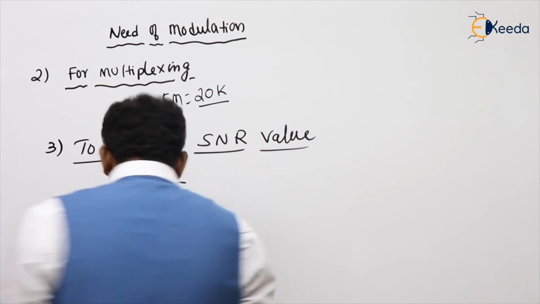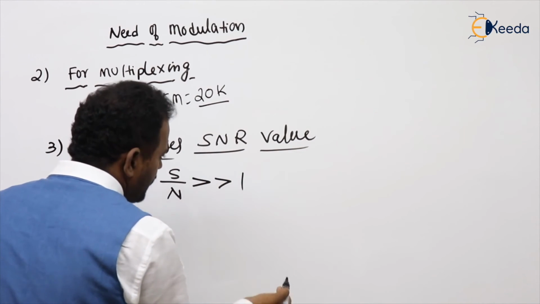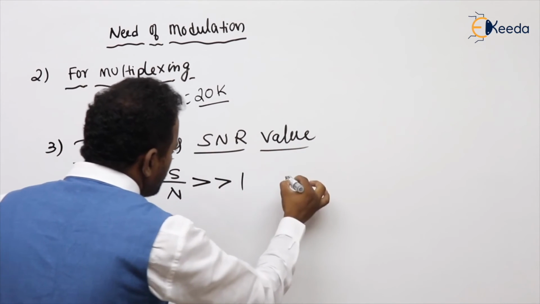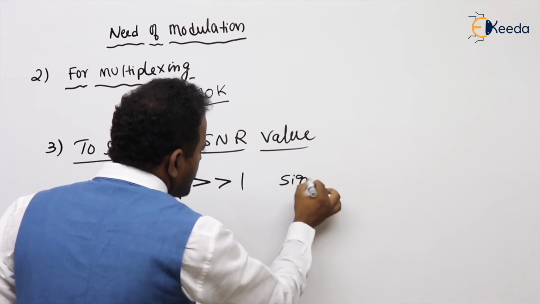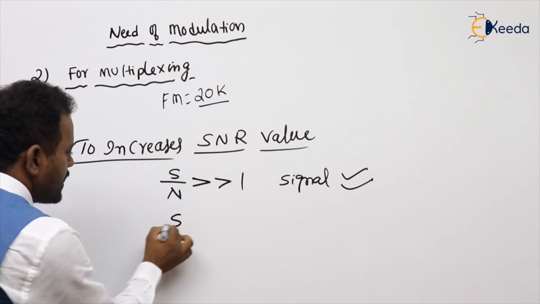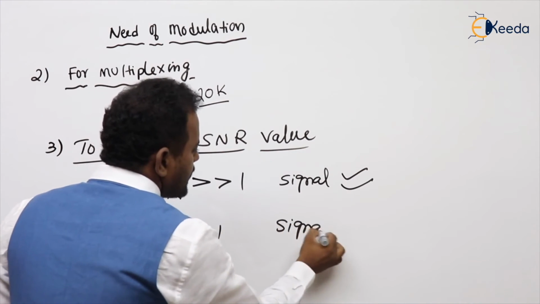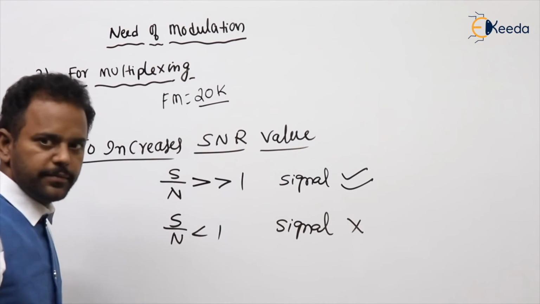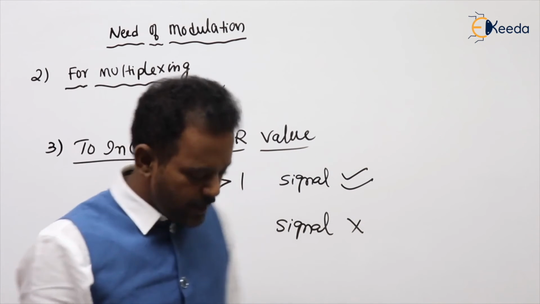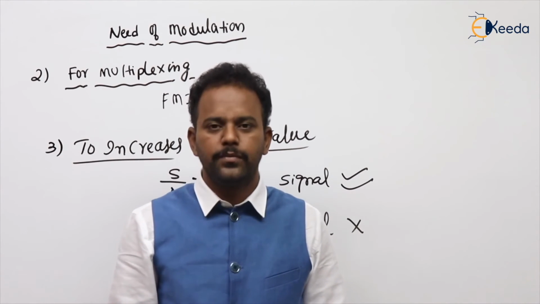If you keep the signal strength more, this SNR value will be far greater than 1. SNR value far greater than 1 means I can say the signal can be reconstructed. If the SNR value is less than 1, I can say that the signal can't be reconstructed. I can take a simple example. Suppose you are seeing my video lectures.